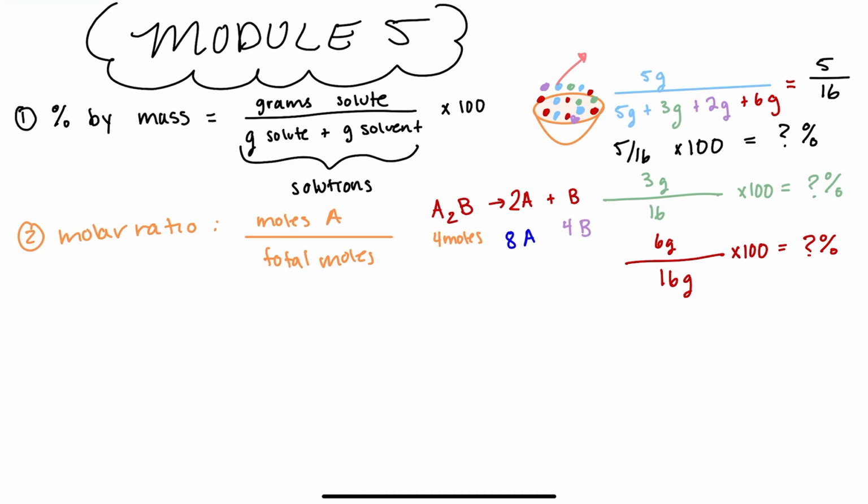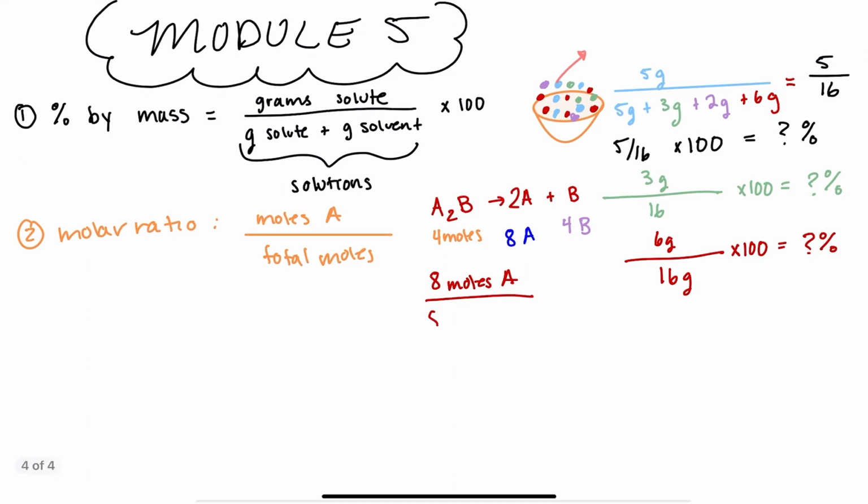So if we were to find the molar ratio of A after this reaction, I have 8 moles of A divided by, well, the total amount of moles. Here I have 8 moles of A, right? Plus 4 moles of B. So my ratio here would be 8 divided by 12. This would be my molar ratio, right?